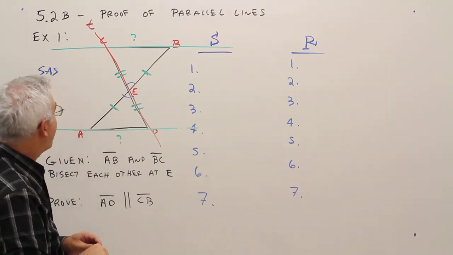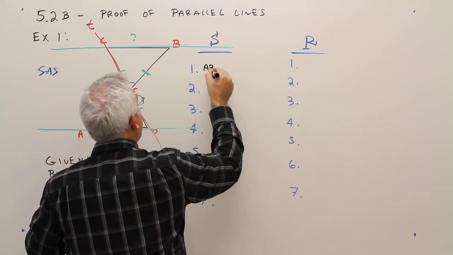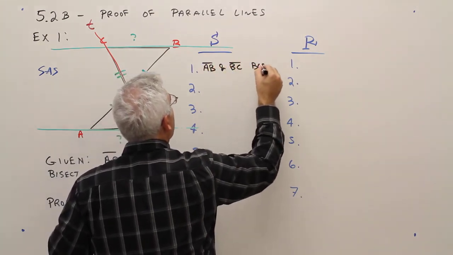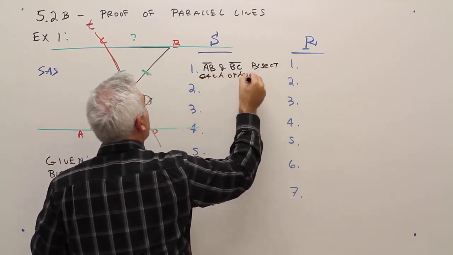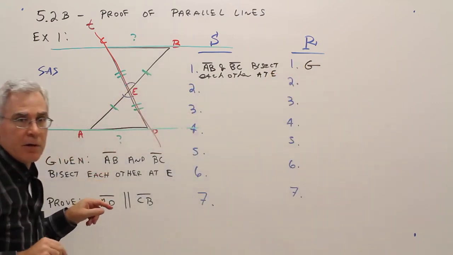So I'm going to go in SAS order. I'll start with this. AB and BC bisect each other at point E. That was given.